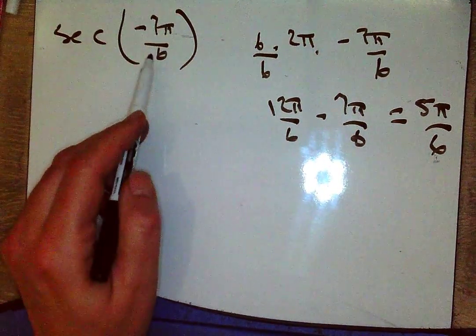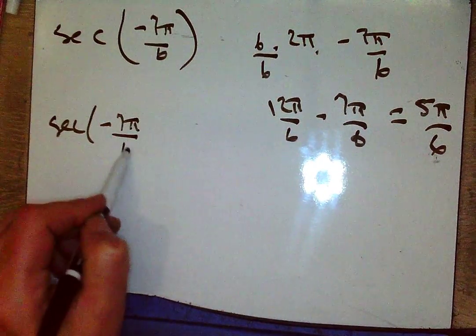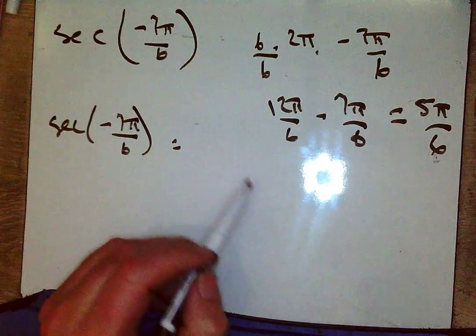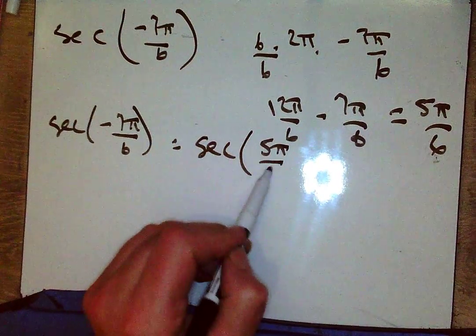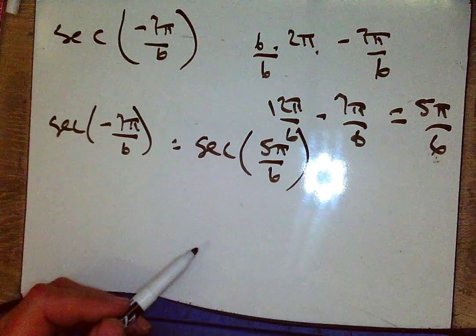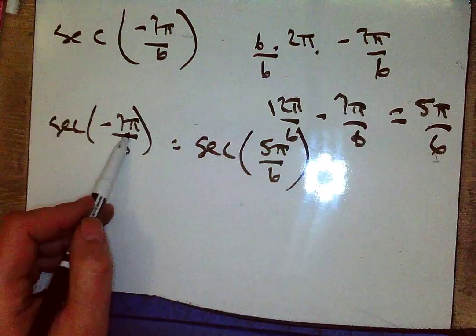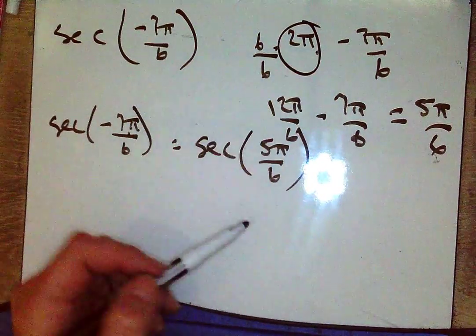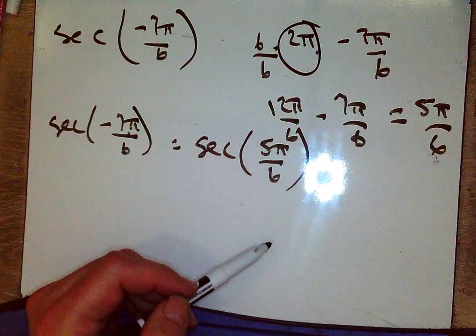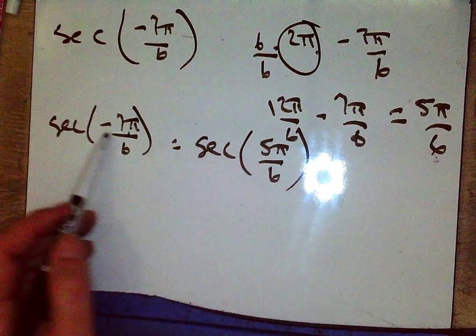So the secant of negative 7 pi over 6 should be the same as the secant of 5 pi over 6. All I had to do to get away from this negative angle was to add 2 pi, and use that coterminal angle.